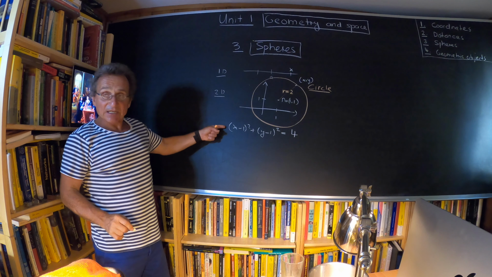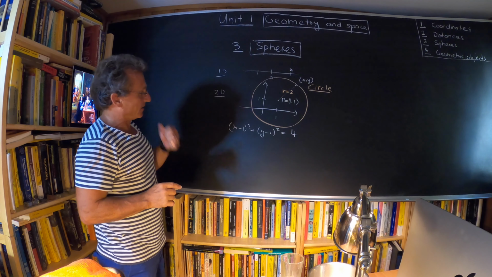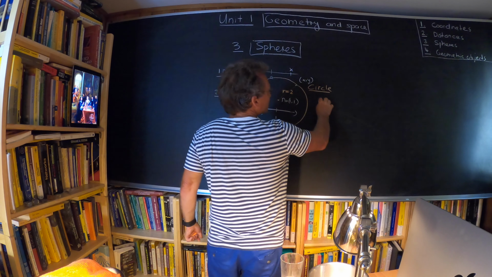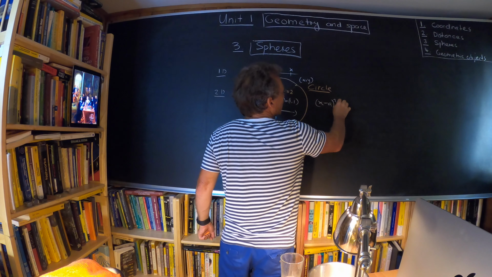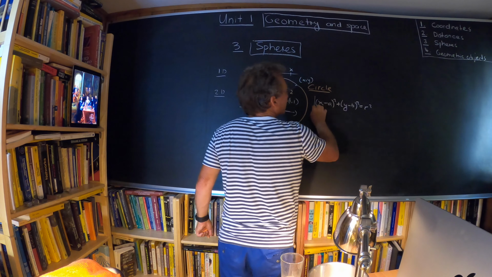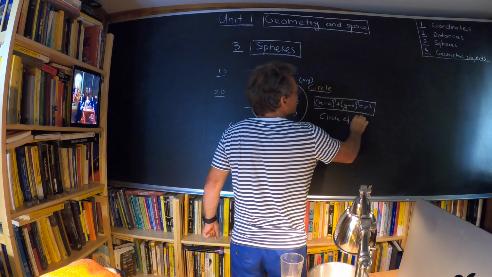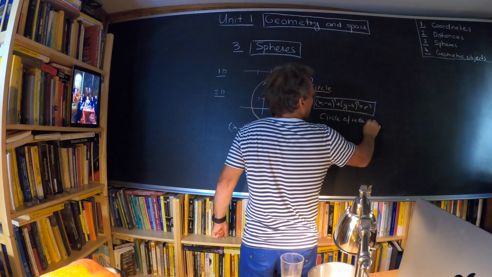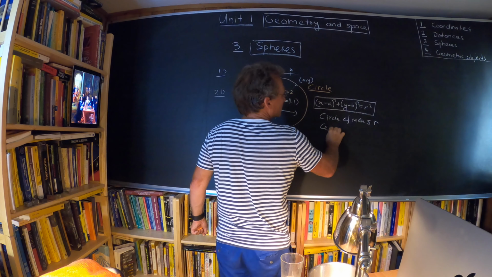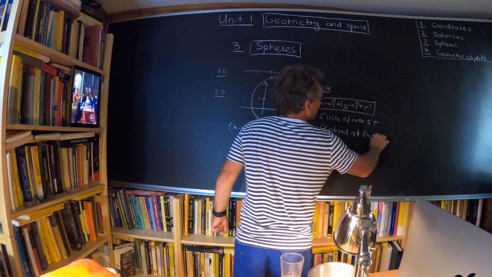We didn't take the square root here just to have that nice equation. In general, it's x minus a squared plus y minus b squared is equal to r squared. This is a circle of radius r centered at a, b.